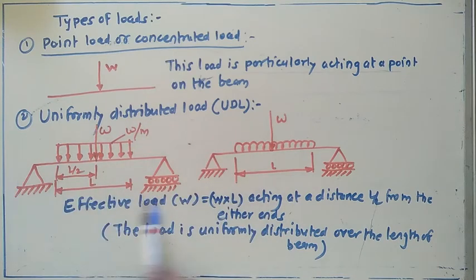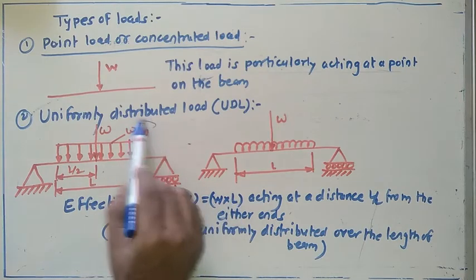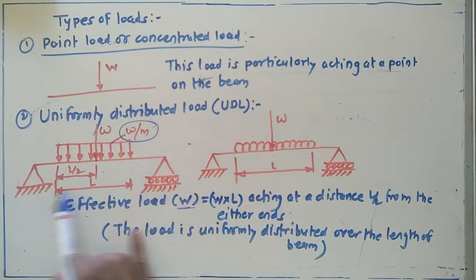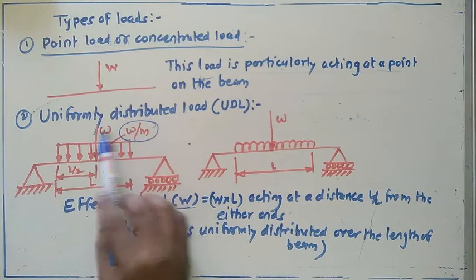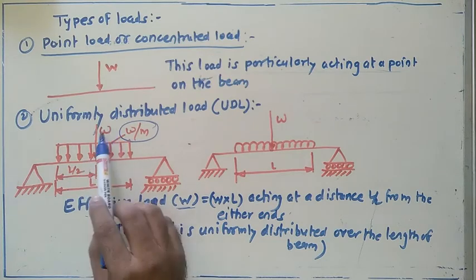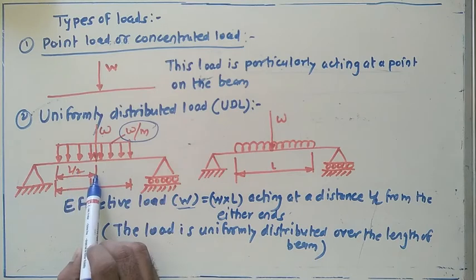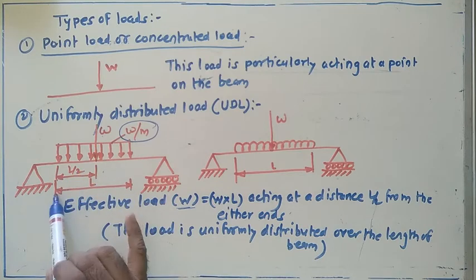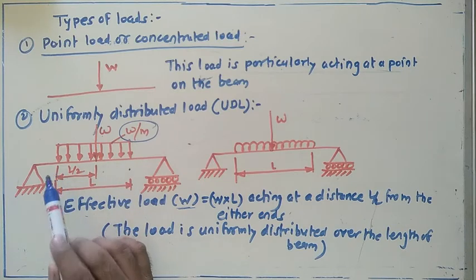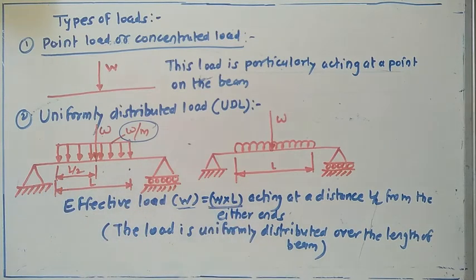The effective load W is nothing but w multiplied by L. This indicates w per meter, so whatever the length is given, you have to multiply by that length with this value, so that we can get the value of that point load. And the location of that point load is at half the entire length from either end. This way you can get the effective load.